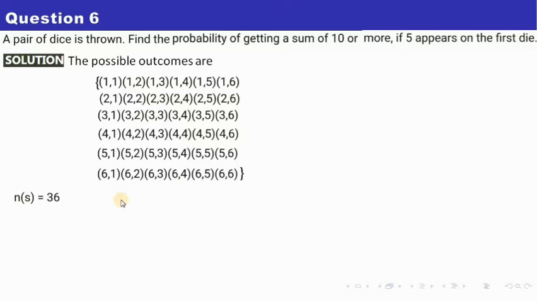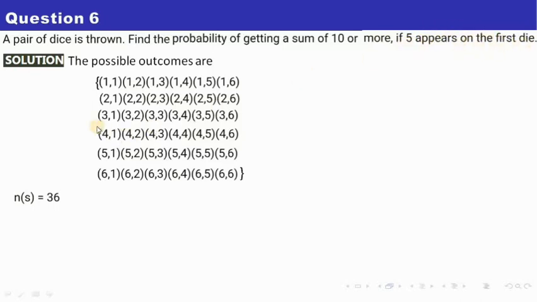Now you want to get a sum. See here, in this case it is 1 and 1, so what is the sum of the digits? It is 2, right? Similarly it is 1 plus 2, which is 3. 1 plus 3 is 4, right? But your desire is to get a sum of 10 or more, and one more condition is given, that 5 should appear on the first die.